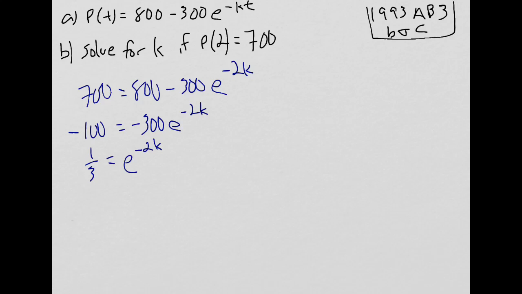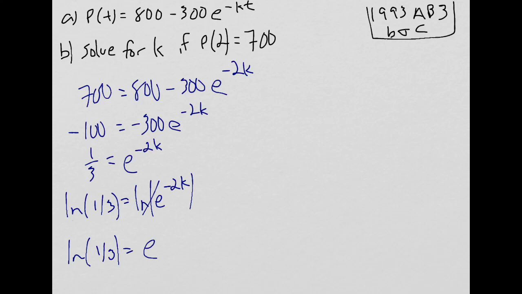Now, I want to get rid of the e so I can get to the k. So I ln both sides because they're inverses, they're opposites. So I get ln of 1/3 equals ln of e to the minus 2k. This cancels with that and pumps out that.